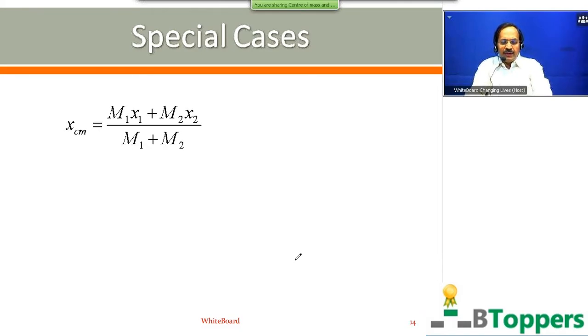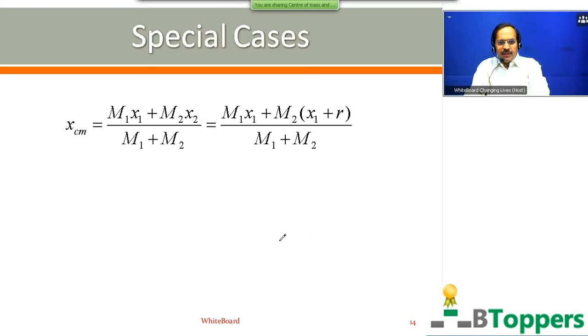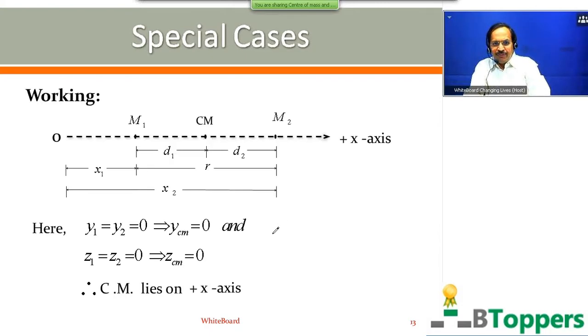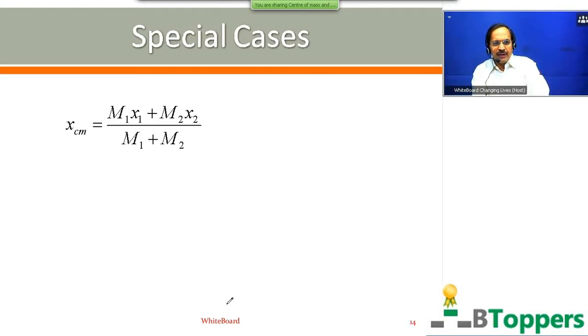x center of mass, we can write as m1 x1 plus m2 x2 divided by m1 plus m2. And x2, from the figure I have shown previously, you can observe can be written as x1 plus small r. Again, I am coming back to the calculation.